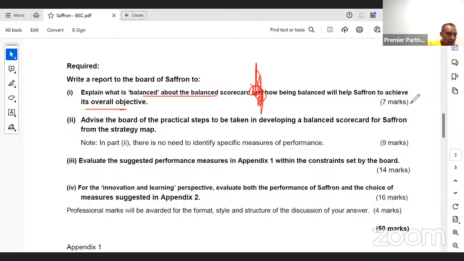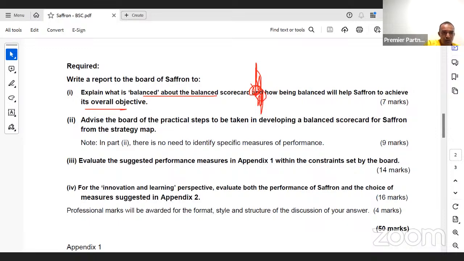Now, if I'm a student on the day of the exam, I'll be really confused. As a lecturer, when I taught you throughout, I have never used this word balanced about the balanced scorecard. So it's not in your head. Whatever I tell you will be in your head. But I have never spoken to you about being balanced about the balanced scorecard. Like, what the hell is this?